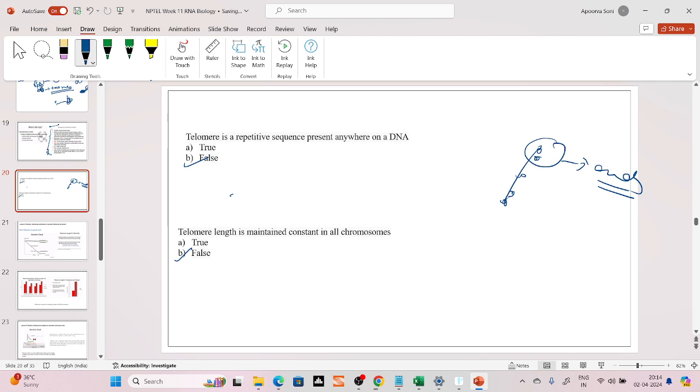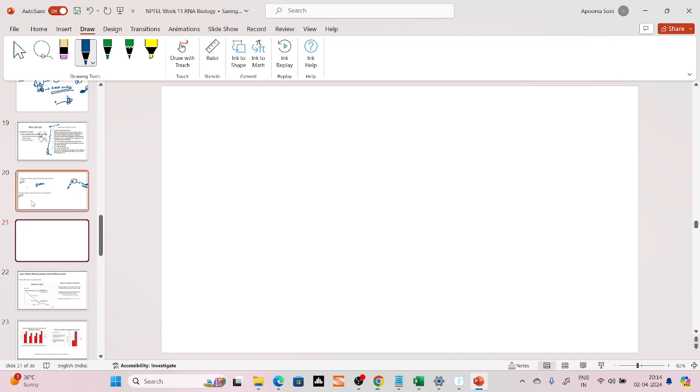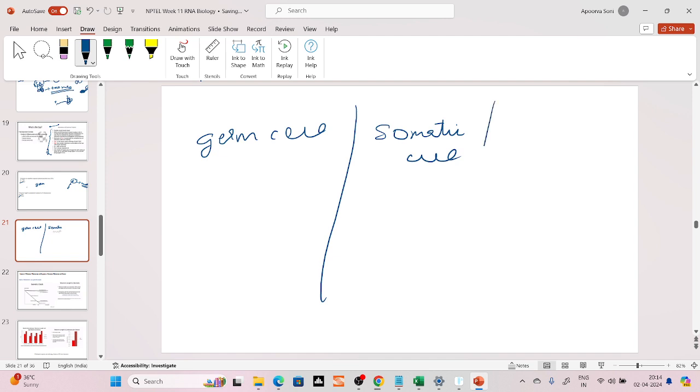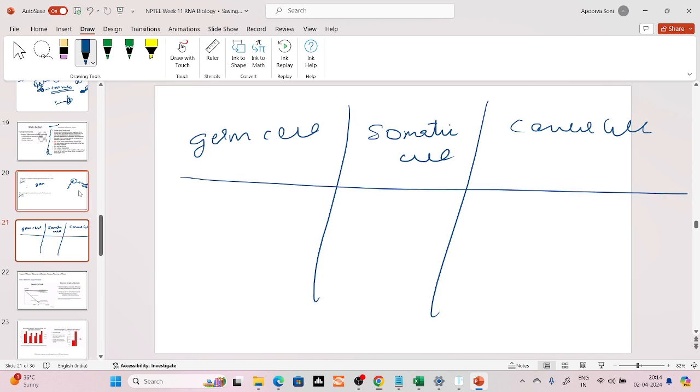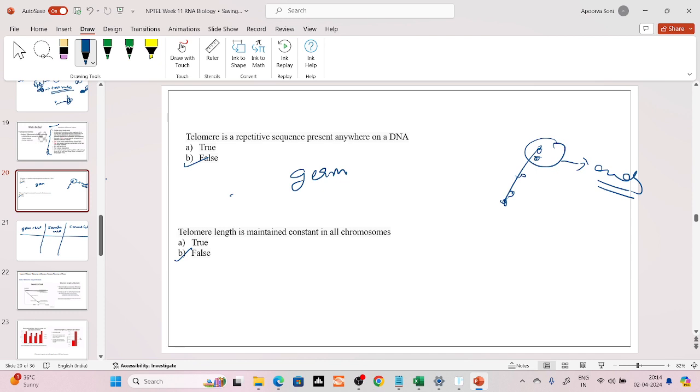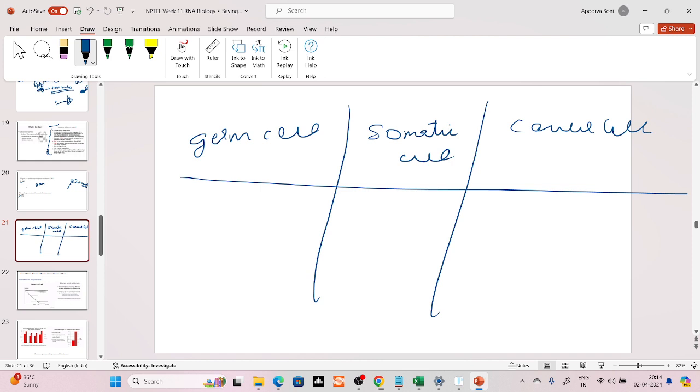So tell me, if I have a germ cell and a somatic cell and a cancer cell, these are three different types of cells. My question was that telomere length is maintained constant in all chromosomes. So what will happen to the telomere length in somatic cell, germ cell, and cancer cell?